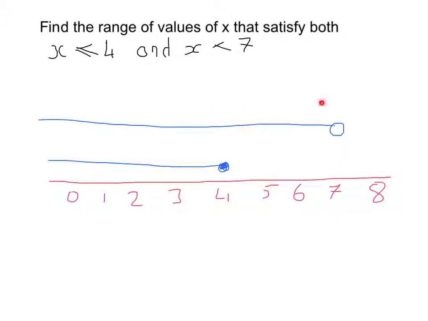So this little area here isn't part of the solution that satisfies both of those inequalities. The only area which does satisfy both of these inequalities is this area here. Okay, so that is when x is less than or equal to 4.